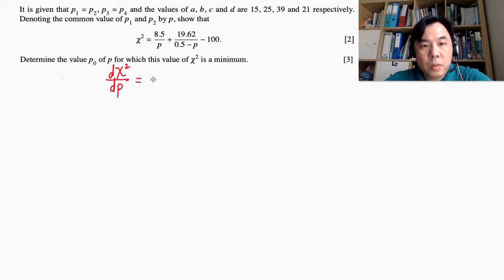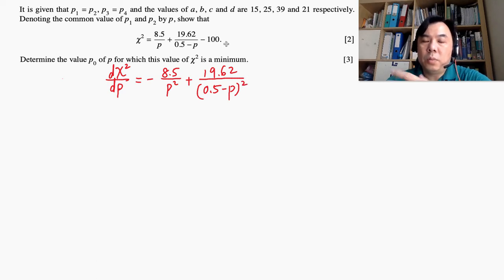Right? So if you differentiate this, you will get 8.5 over p square. This one will be 19.62 over square here. And then, of course, that will be gone, right? And then we will get a stationary value for chi-square when d chi-square by dp is actually equal to 0.